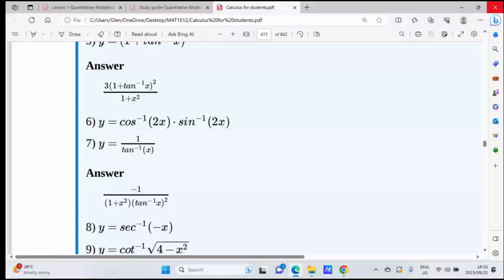When you use the word derive, do you mean when you differentiate? Yes. My brother, we are being guided here. Let's say you are given sine over cos, and then you are required to find the derivative.